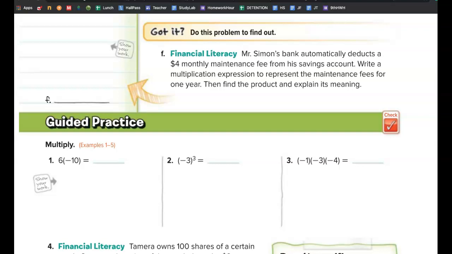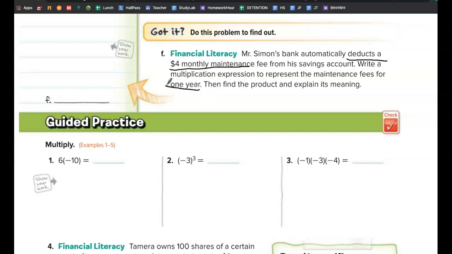Good, so deducts a $4 monthly maintenance fee. What else do we need to know? Where's our other number? That's our multiplication sentence. What, Carter? 1 year. Where'd you see that?